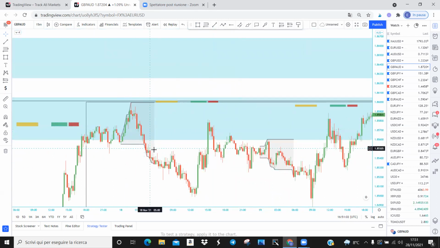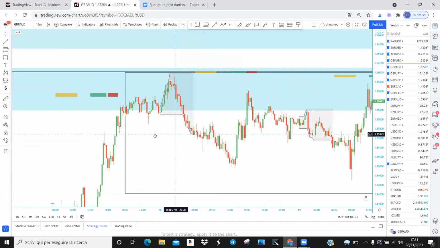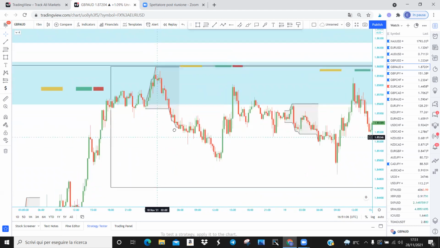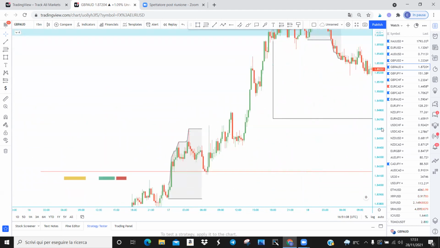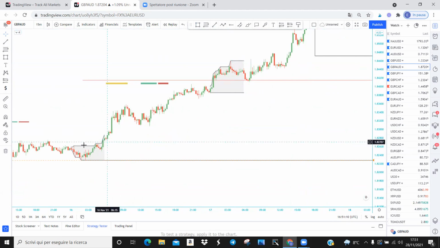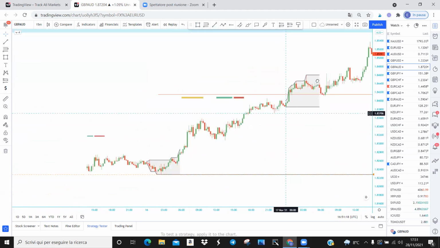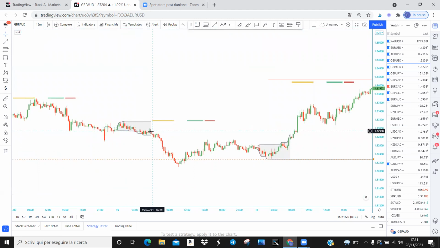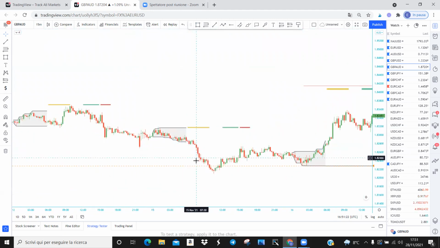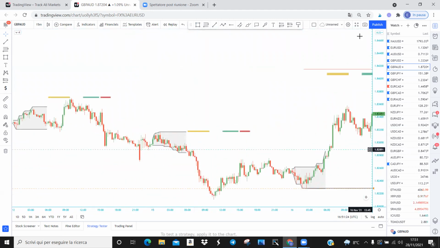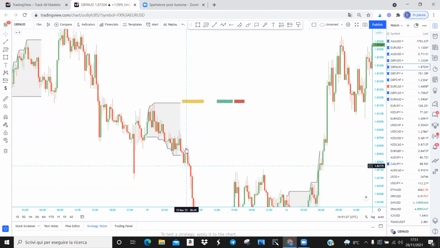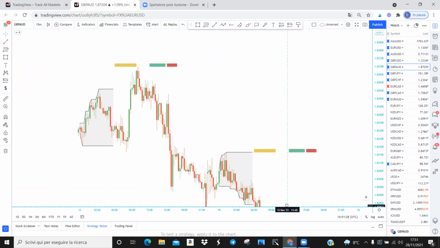So you want to see an Asian range more like this. This is already a little bit more crazy, a little bit bigger, so not really usable for what I like. But something like this is perfect. Something like this can be already a little bit big, as you can see. Here, perfect Asian range, London break, retest, London break, retest, continuation, okay?